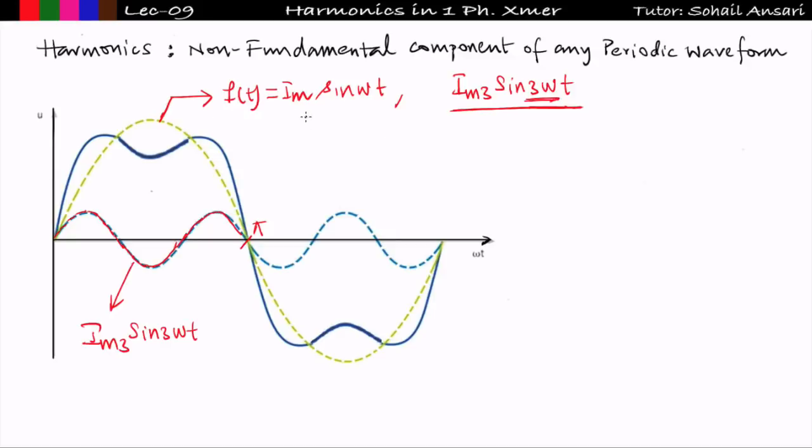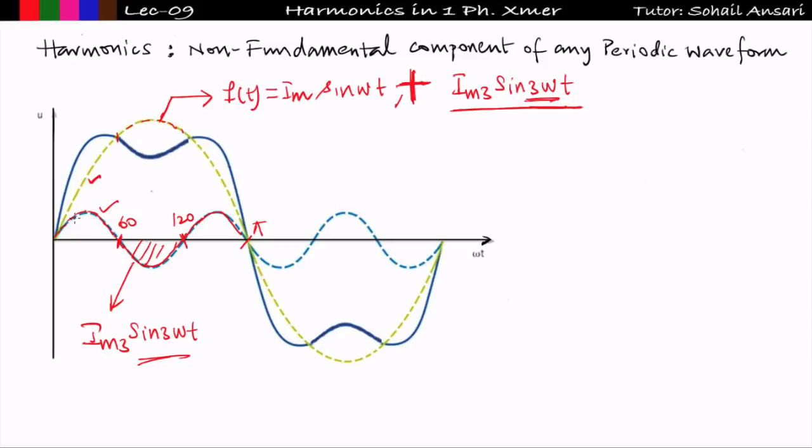Now if I add the fundamental component and Im3 sine 3 omega t, what waveform will I get? Add this waveform and this fundamental waveform. You can see from here, this is 60 degree and this is 120 degree. From 60 to 120 degree, Im3 sine 3 omega t is negative, and because of this negative value, the overall magnitude of this fundamental component will decrease.